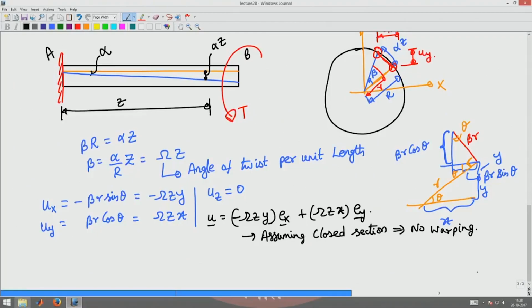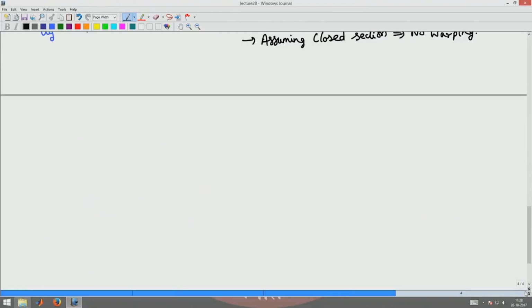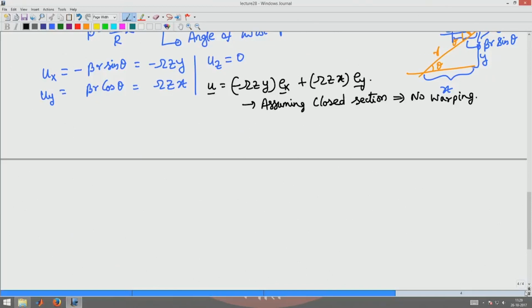Now I found the displacement field. Next what I want to do is find the gradient of the displacement field. Okay. Next I want to find H, which is the gradient of the displacement field U, similar to what we have been doing all along.